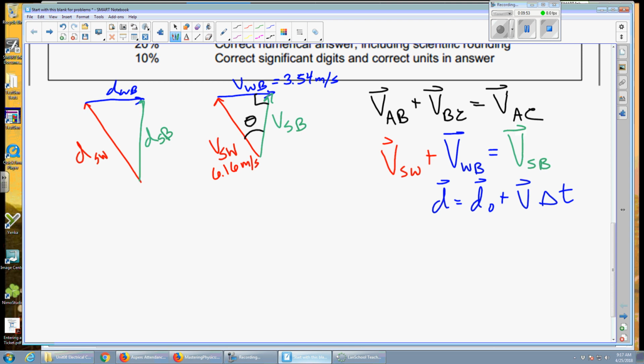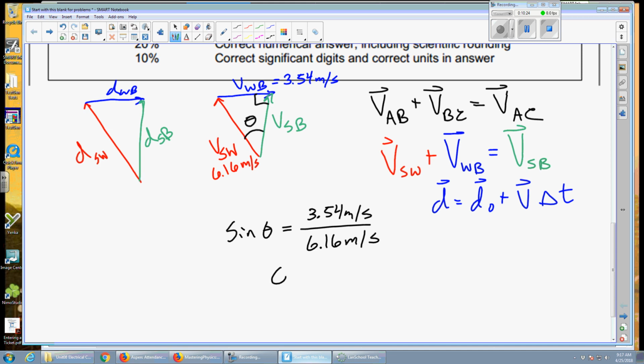All right, opposite and the hypotenuse. Oh, that's a sine function, isn't it? Opposite and hypotenuse. So I can do sine of theta equals opposite, which is 3.54 meters per second, over hypotenuse, which is 6.16 meters per second. Oh, good.